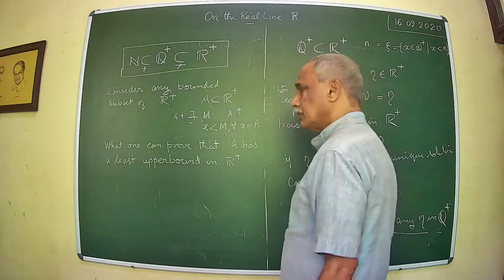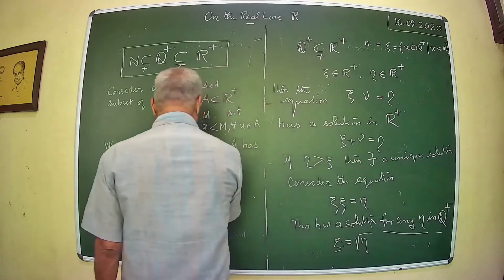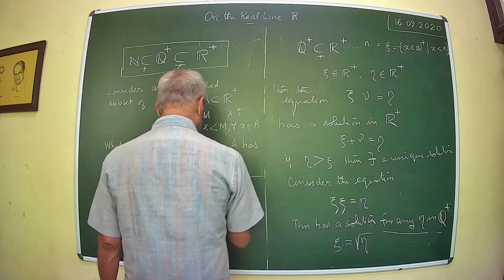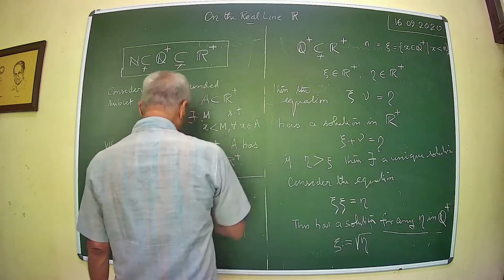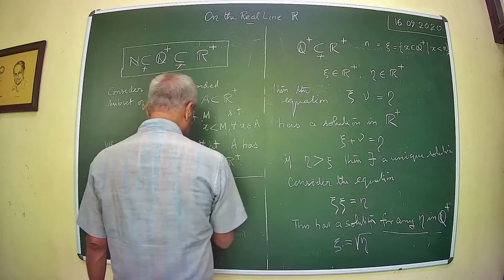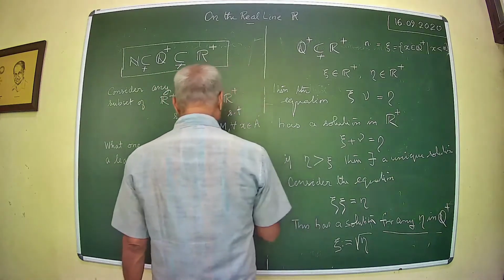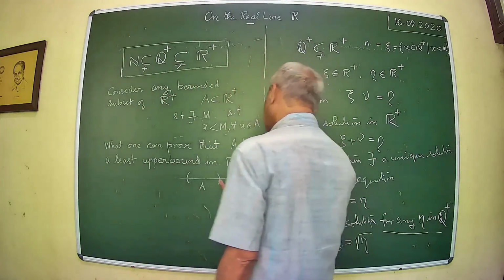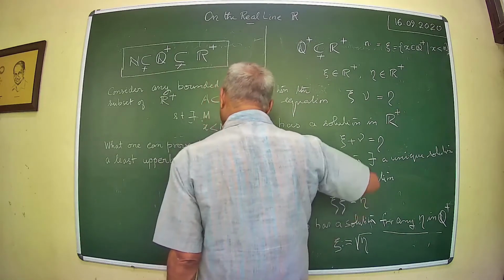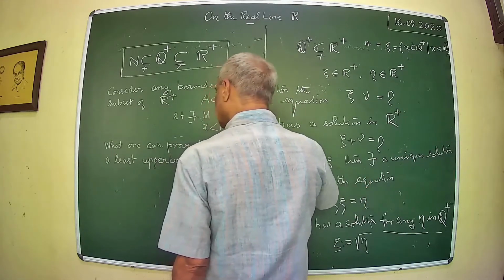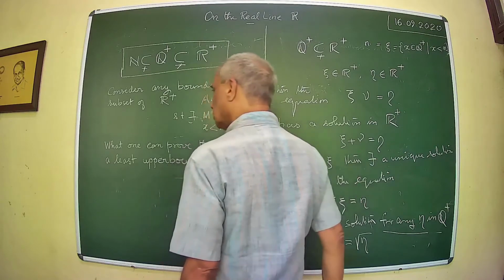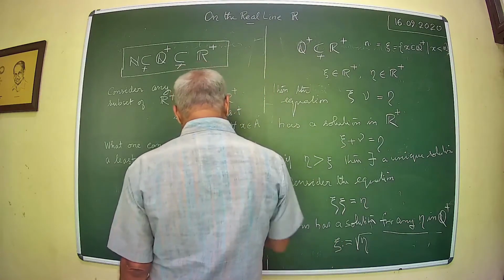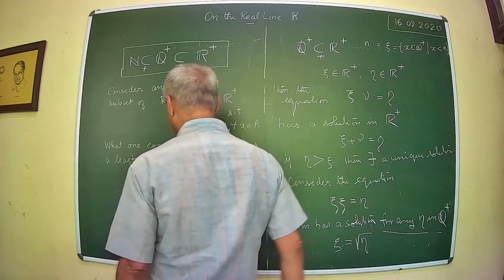What does it mean? Suppose this is your set and this is bounded by 1. Now you see this is just one bound and there are several bounds. So out of all the bounds, you choose the smallest. Okay? Out of all the upper bounds, you choose the smallest, the least upper bound.